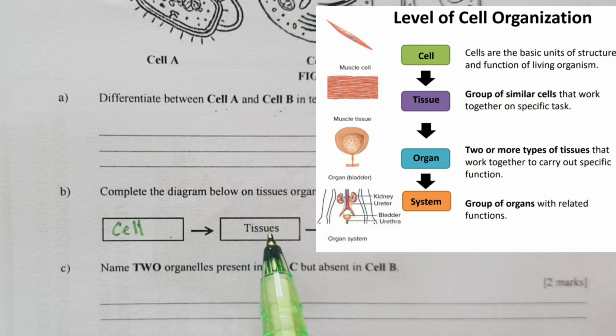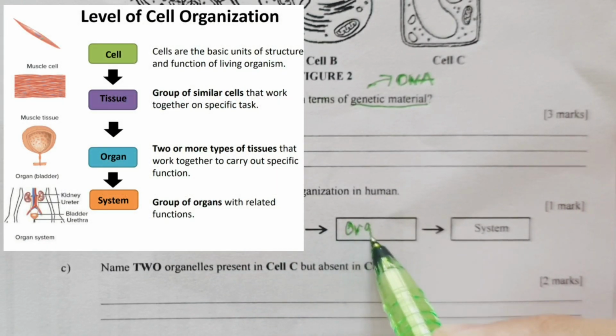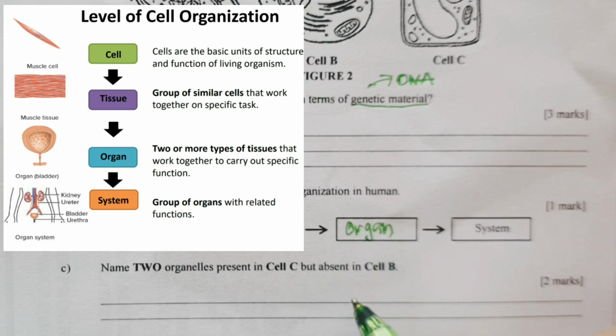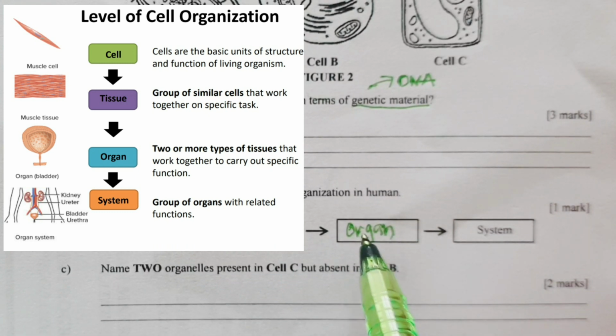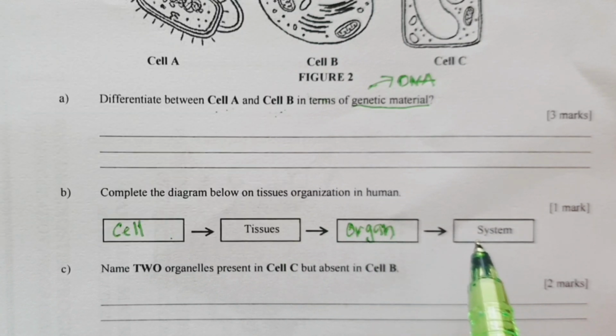So sama juga, a groups of tissue performing specific function and have specific structure, ini pula kita panggil sebagai organ. So a groups of organ performing specific function akan kita panggil sebagai system.